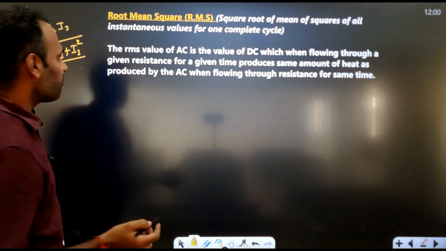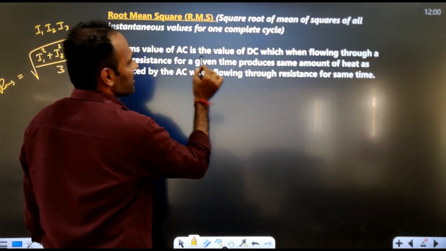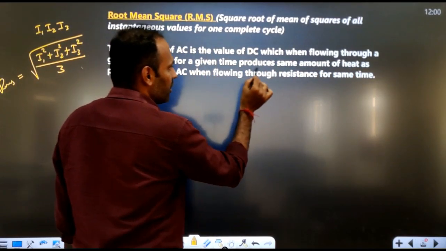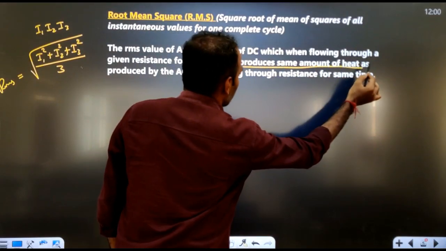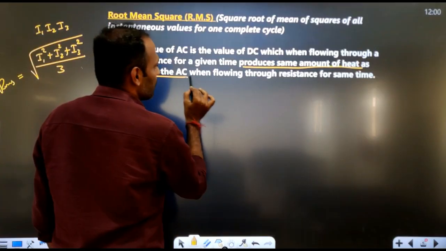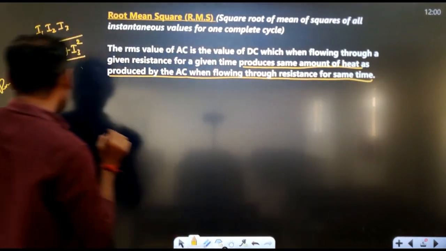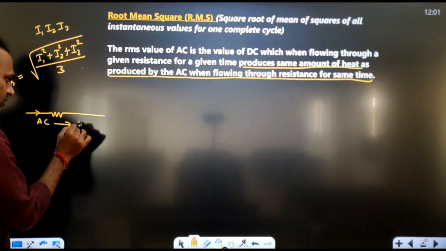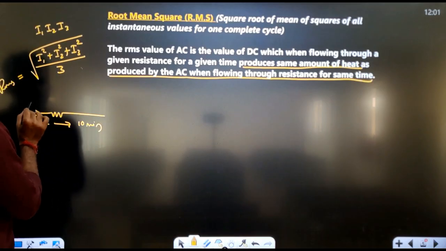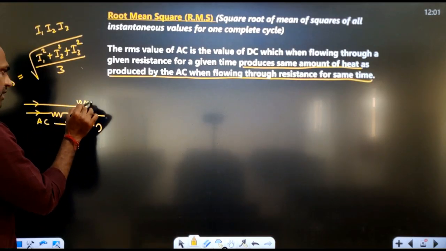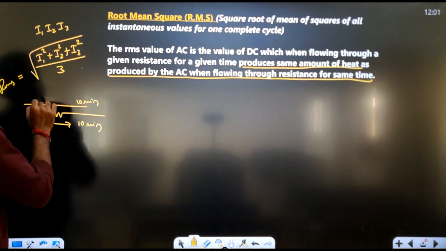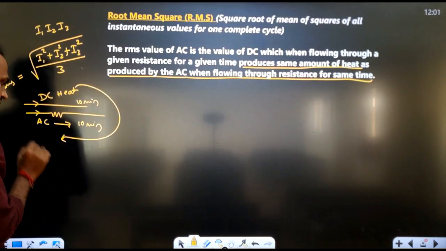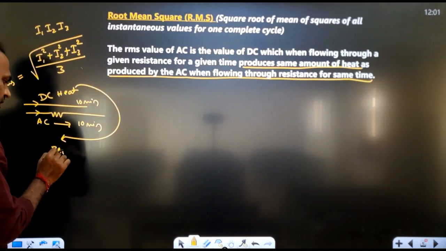In one more way, we can define RMS value. The RMS value of AC is the value of DC which, when flowing through a given resistor for a given time, produces the same amount of heat as produced by AC when flowing through the resistance for the same time. That is, if you pass AC through a resistor for time T or 10 minutes, and for the same 10 minutes you pass DC, the same amount of heat is produced by the RMS value of AC.